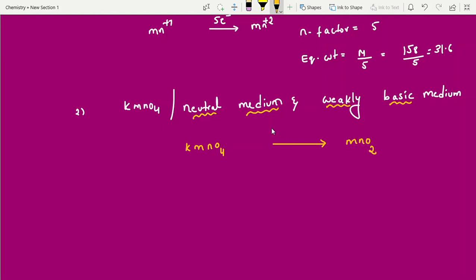See, this is a neutral medium or weakly basic medium. KMnO4 converts into MnO2. What is the oxidation state here? +7. What is the oxidation state here? +4.